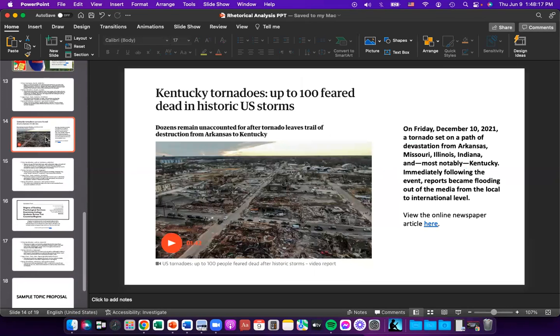Let's talk about this, the tornado that happened. Maybe some of you were affected by this. On Friday, December 10th of last year, you had that tornado that swept from Arkansas to Kentucky. Hundreds of miles of destruction. News reports immediately started coming out.